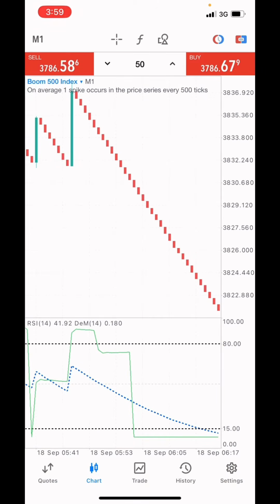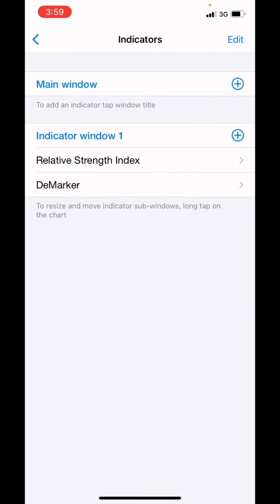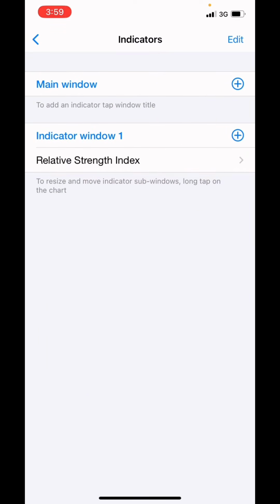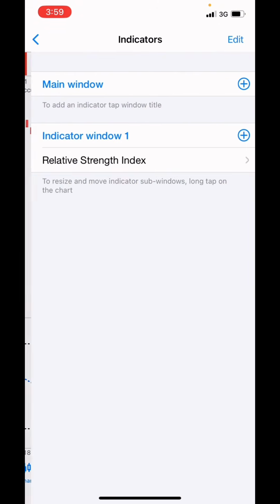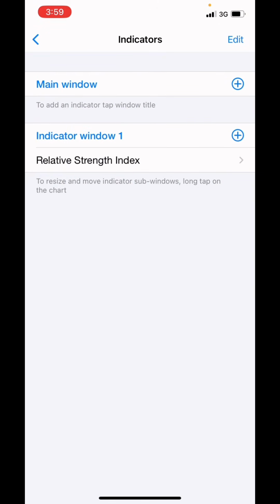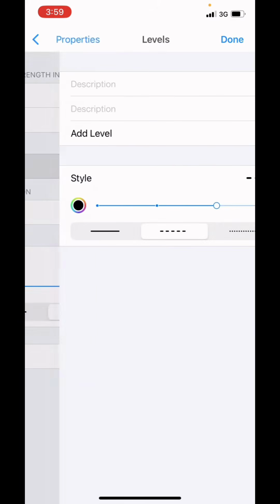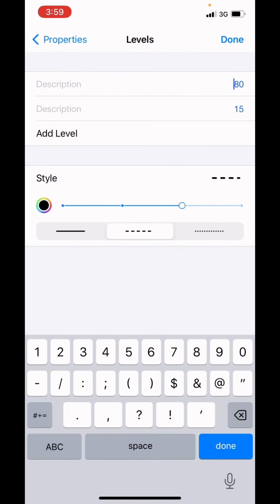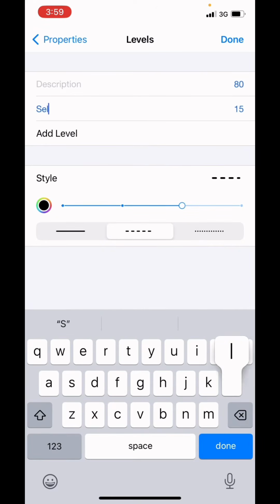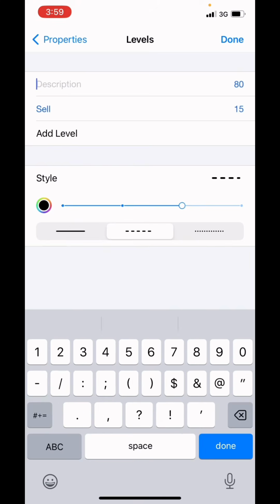What you do is set the relative strength index first so that the levels will show. You put the RSI in indicator window 1, then you put the level 14 and apply to close. Right here you put level 80. On this level 15, we're going to put sell, while this one is buy.